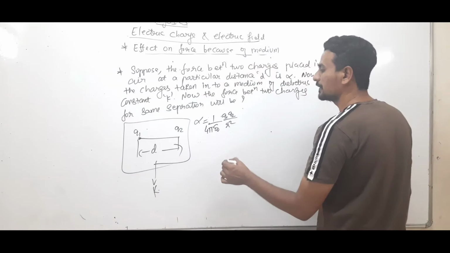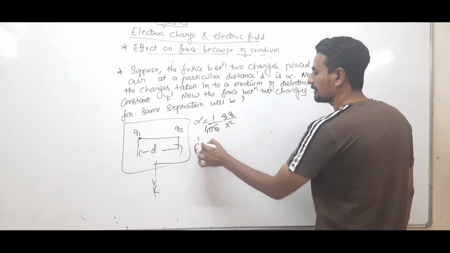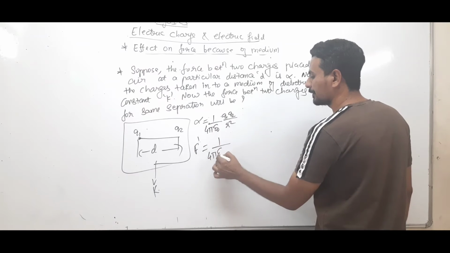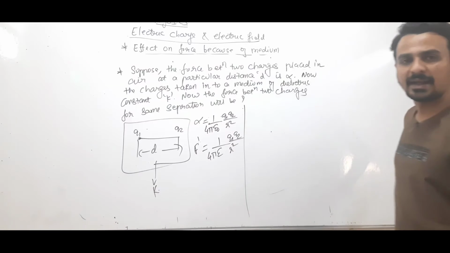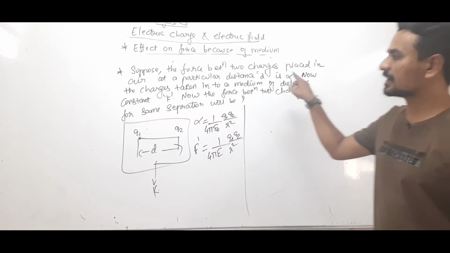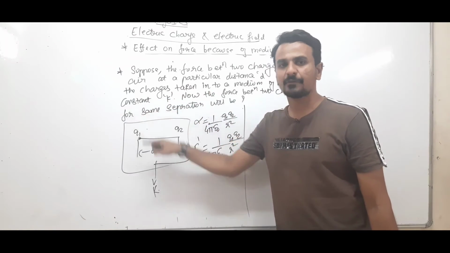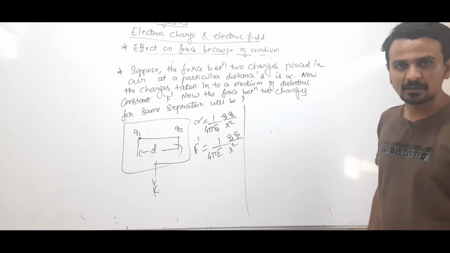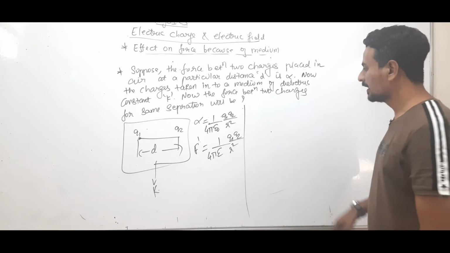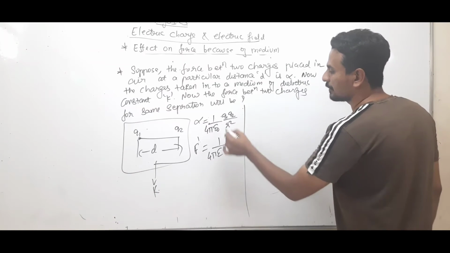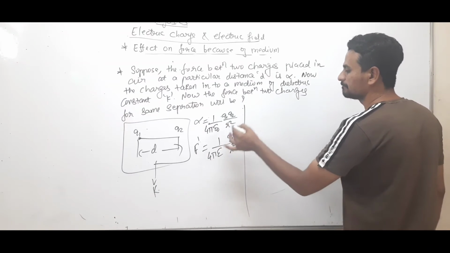So now the force F dash will be 1 upon 4 pi epsilon q1 q2 by r square. Right? I can directly say that whenever you are taking the charges into any other medium, force will reduce by a factor K. So your force will be alpha by K. Now let us divide these equations.